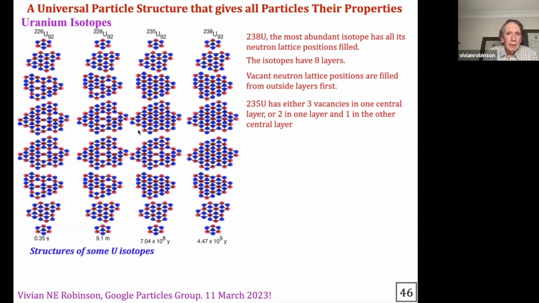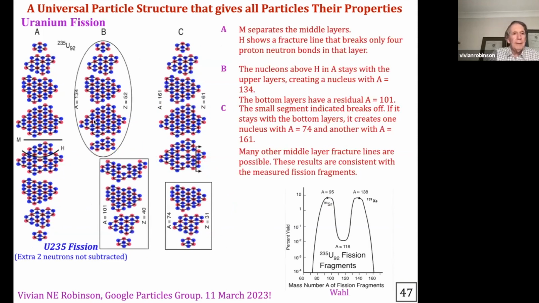The interest in uranium is in fission, so I just want to show you quickly what's happening there. This is the same U-235 as shown before. It's an 8-layered structure, so you've got the middle down here. Along line H, a fracture plane only has to break 4 proton-to-neutron bonds.